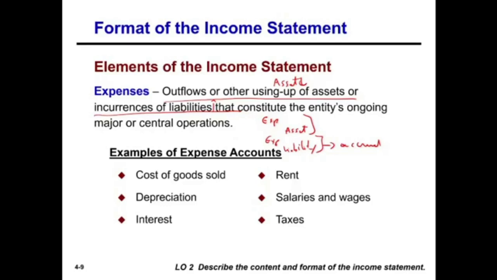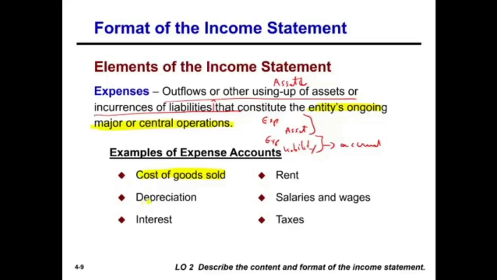Expenses are also a result of the entity's ongoing major and central operation. It would be great if a company could generate revenues without expenses, but companies generate various expenses. For example, a merchandiser will have cost of goods sold: when they buy something they pay for it, and when they sell it, it becomes cost of goods sold.